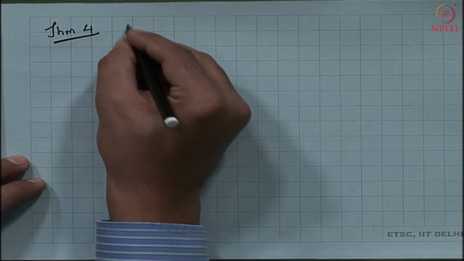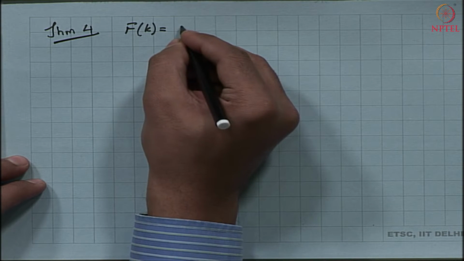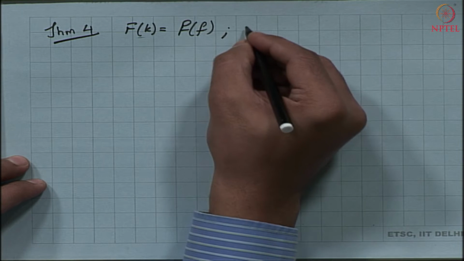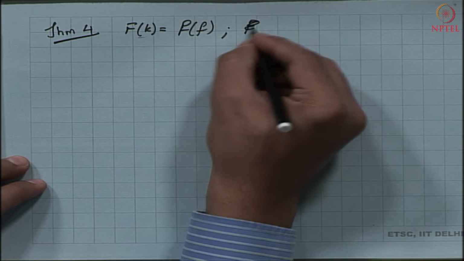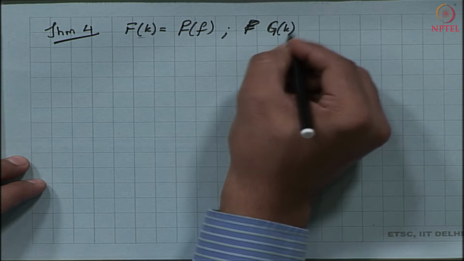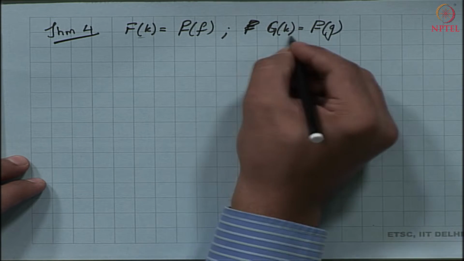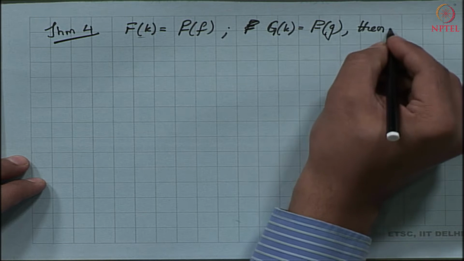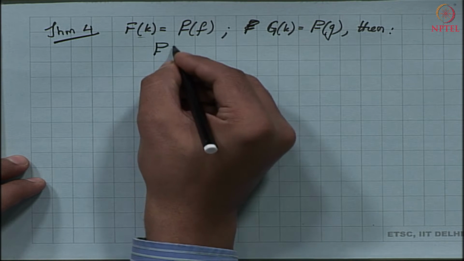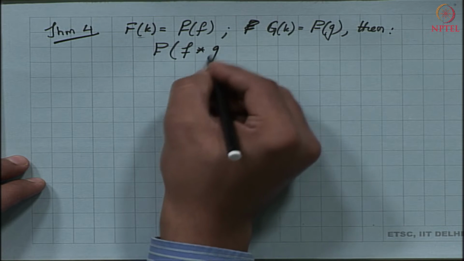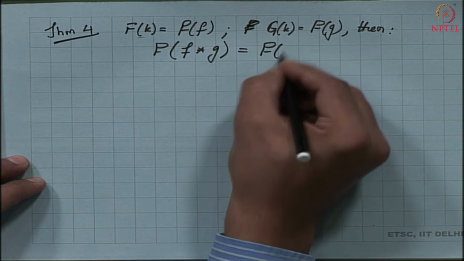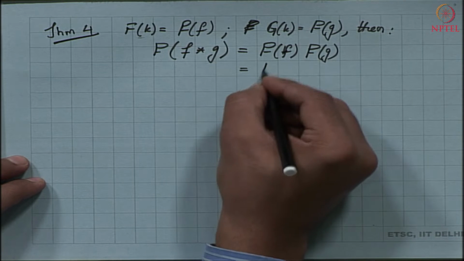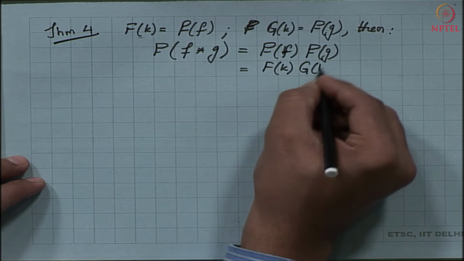It tells me that if I have the Fourier transform of small f denoted by capital F of k, and the Fourier transform of small g denoted by capital G of k, then this theorem tells me that the Fourier transform of the convolution of the two functions is the product of the Fourier transforms, or it is equal to F of k times G of k.